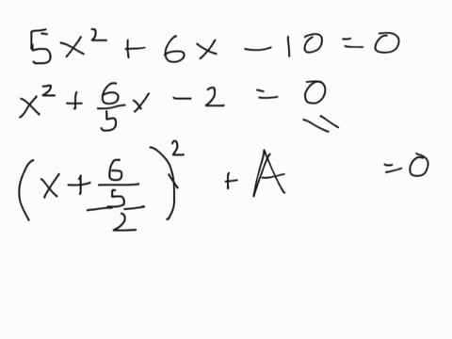We want the two to be equivalent to each other. Now let's just clean this bit up first. 6 over 5 over 2 is the same as 6 over 5 times 2, which is the same as 6 over 10. So I'm going to clean that up a bit and say 6 over 10. Just looks a bit cleaner, really.